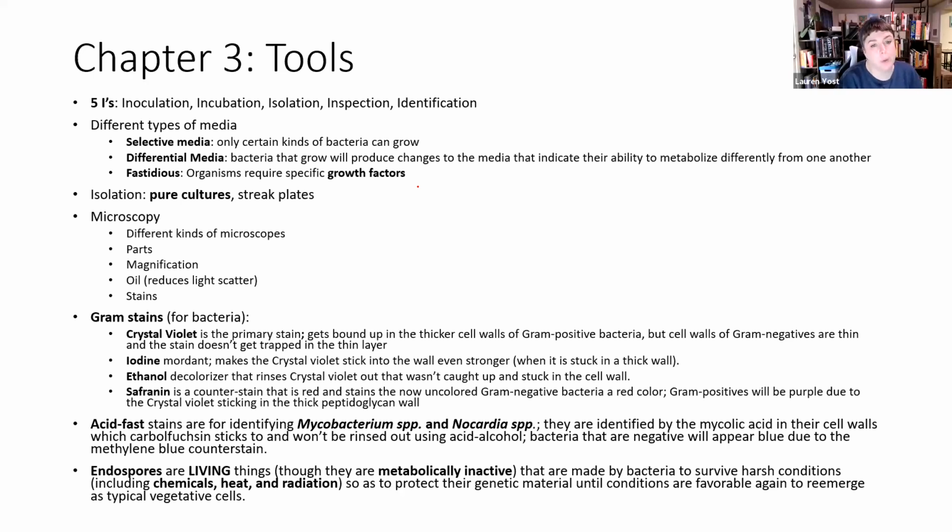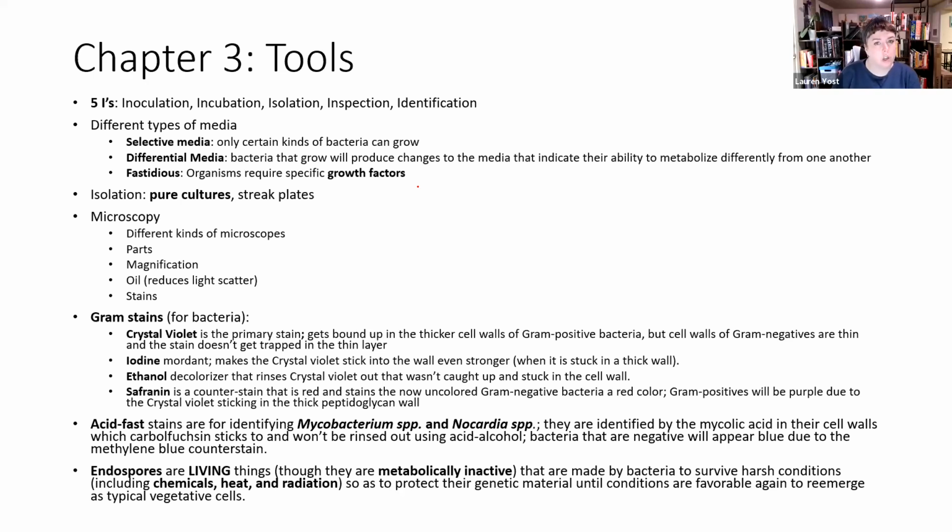Right, and then inspection, that's going to be doing the different tests, whether that is stains that we'll be doing quite a lot of in lab, or growing on specific kinds of media that tell you whether or not this organism can use this ingredient of the recipe, or that ingredient of a recipe, or can it grow at all on this super salty media. Some things can tolerate the salt and some things can't.